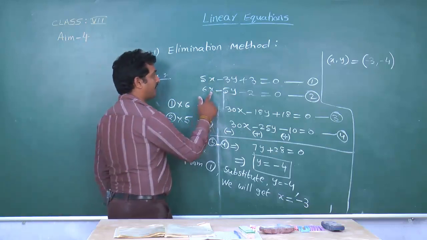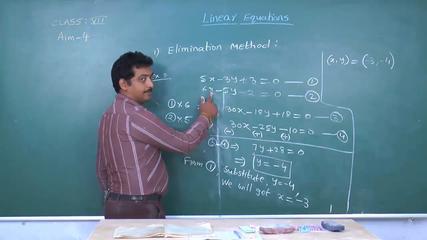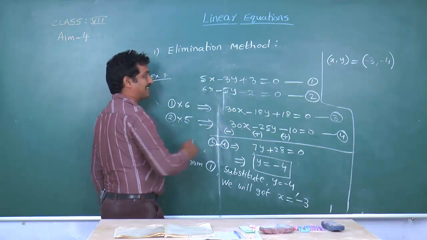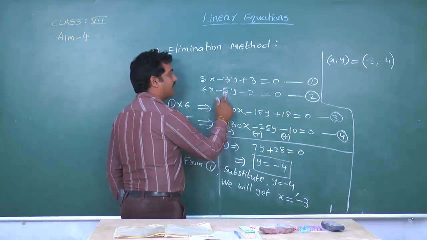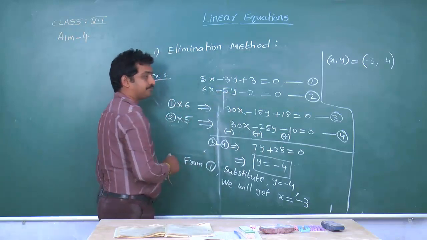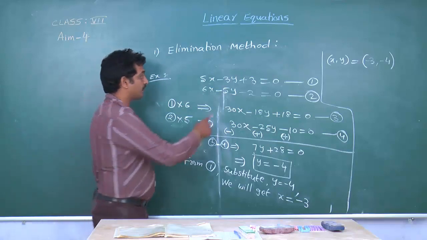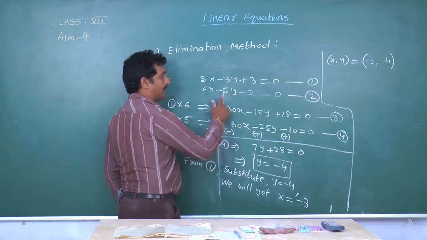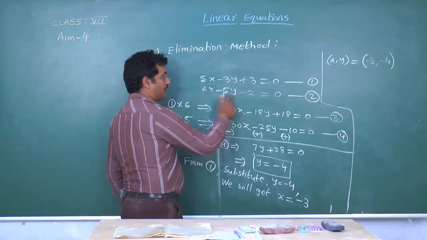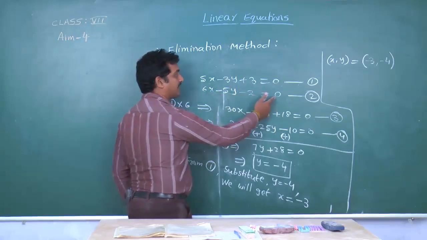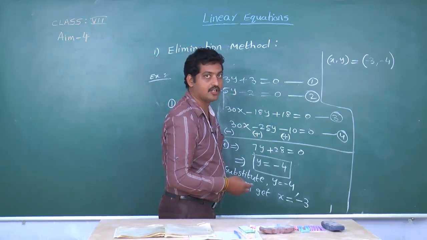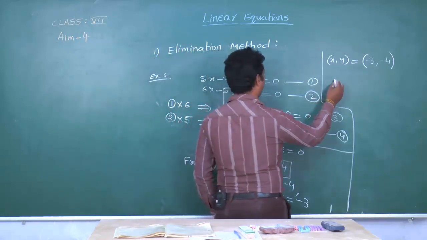Next come to the second equation, replace x by minus 3. Now 6 into minus 3, minus 18, minus 5 into minus 4, plus 20, because minus 4 into minus 5 is plus 20, minus 2. Minus 18 minus 2 is minus 20, plus 20 is equal to 0. LHS is equal to RHS. We can do it in this way.